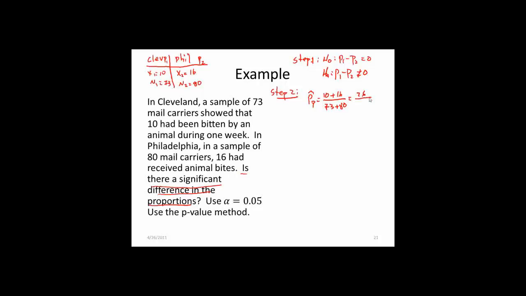So that's 26 over 153. And I forgot to write over here, we know that p hat 1 is equal to 10 over 73, and p hat 2 is 16 over 80.